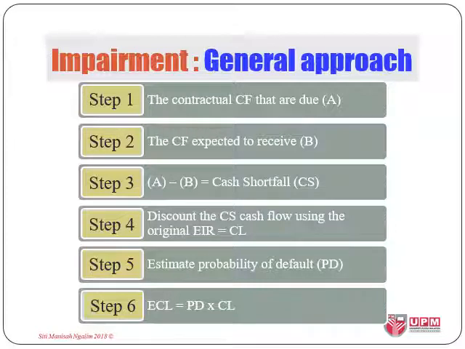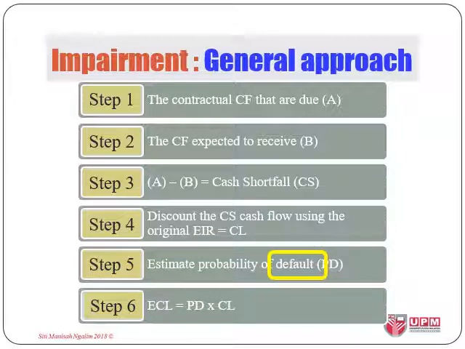Another thing that I would like to highlight is the term default. The standard does not define the term default. Instead, it requires an entity to apply a default definition that is consistent with the definition used in its own firm for internal credit risk management purposes for the relevant financial instrument and consider qualitative indicators when appropriate.